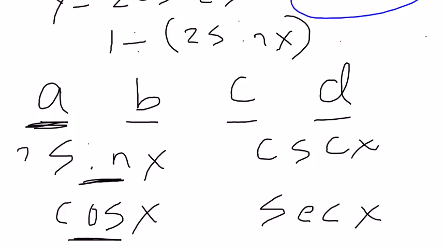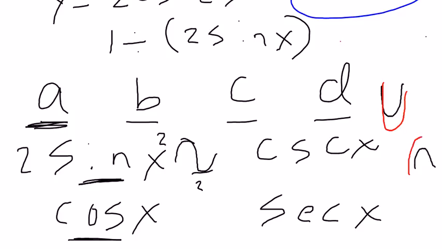If it's 2, it'll be twice as high. This will go to 2. This will go to 2. For cosecant, we come down to 2 instead of our normal 1. Something like this.